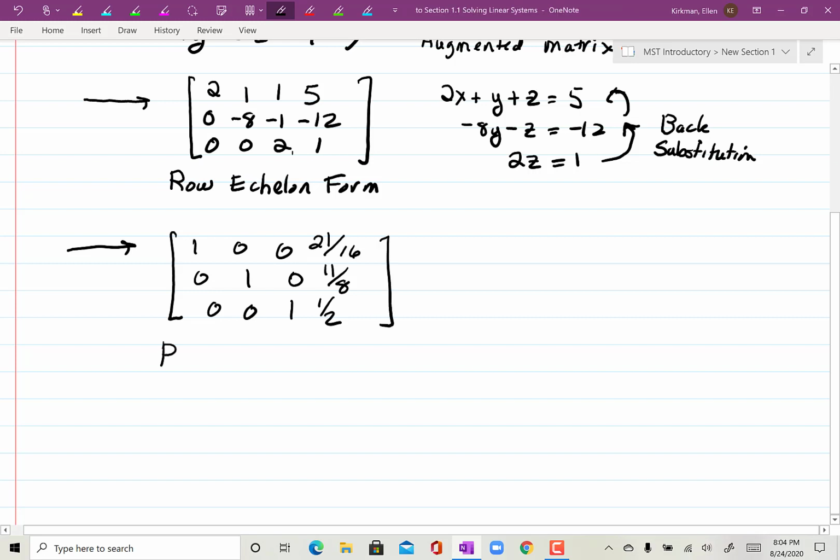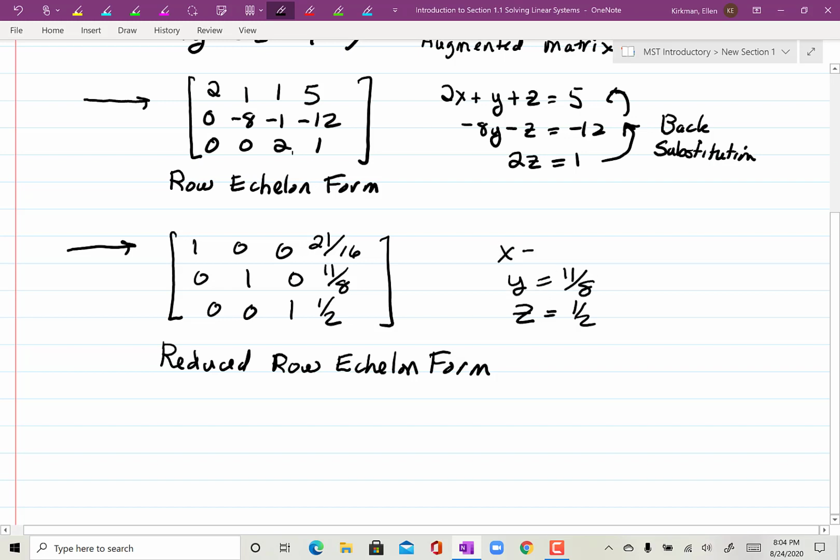And this is called reduced row echelon form. And now it's completely trivial to solve. We can just read off the solution: z equals a half, y equals 11 eighths, x equals 21 sixteenths. And that's what we would have gotten if we did the back substitution.